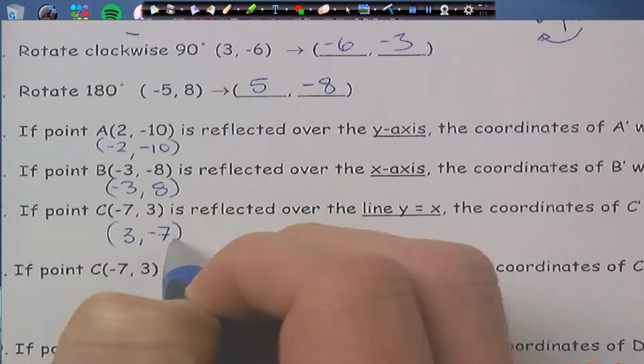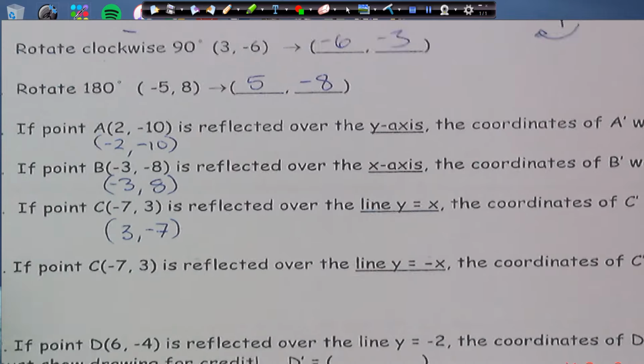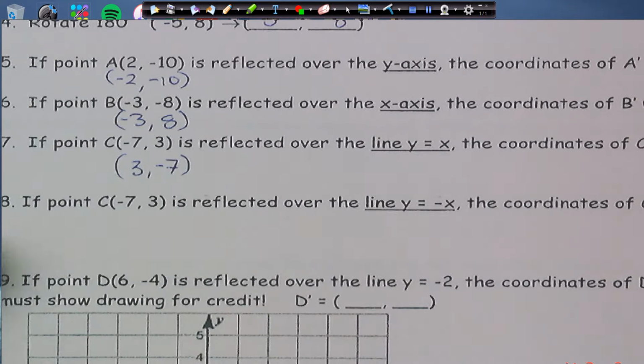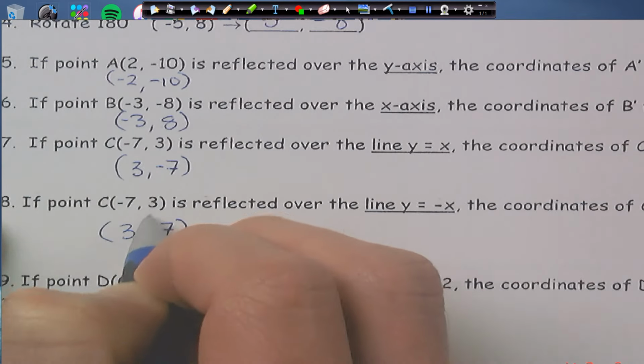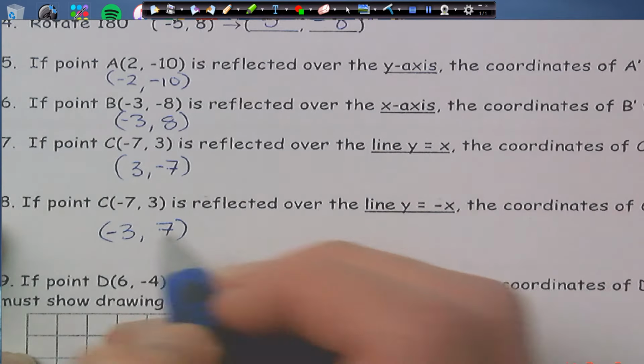And we keep the negative 7 negative. We don't change any signs in front, negative or positive, they stay the same. Just flip the location. And then this last one on this set is going to switch, and then we're going to change signs. So positive 3 is now going to become a negative 3, and a negative 7 becomes a positive 7.